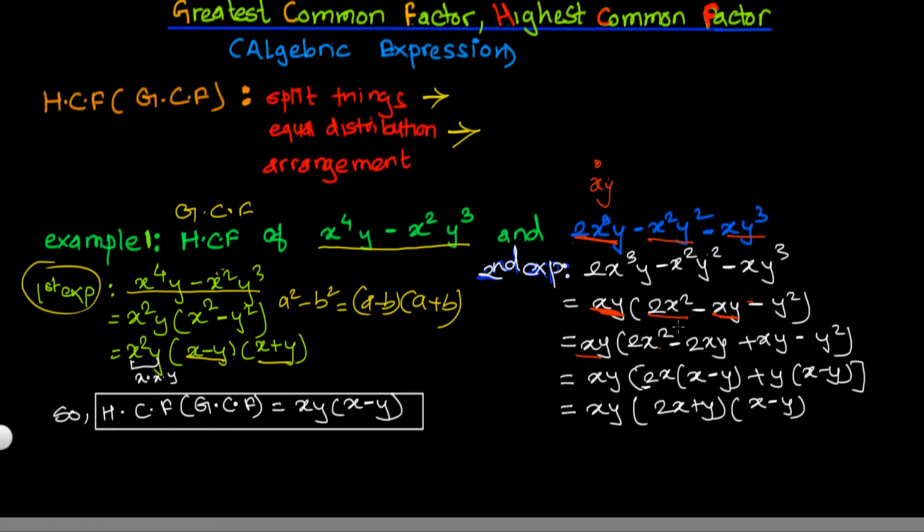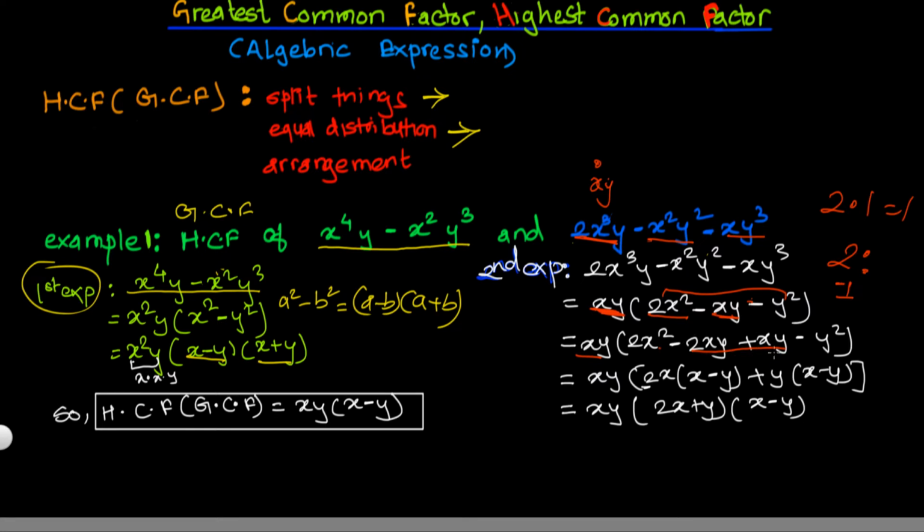So let us factorize. The product must be 2 times 1, and when we add or subtract, we must have negative 1. So we have 2 times 1 is 2, and 2 minus 1 or 1 minus 2 is 1. So we can do minus 2xy plus xy in order to factorize this quadratic term over here.